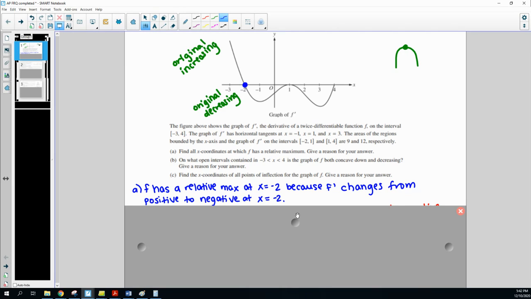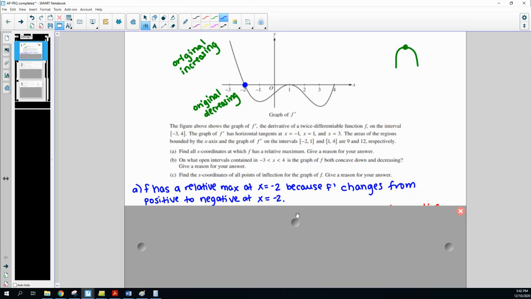We also want to be as specific as we can. So we don't want to say something like, there's a relative max at x equals -2 because it changes from positive to negative. Never use the word it. You always want to make sure that you're stating exactly what you're talking about. So this is because f prime is changing from positive to negative.